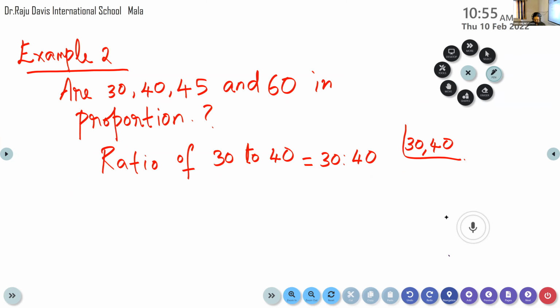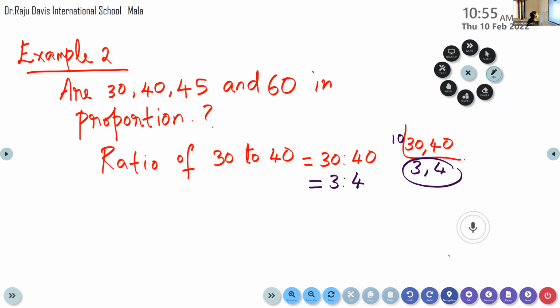So if I divide by 10, I will get 3 and 4. So you can write 3:4.